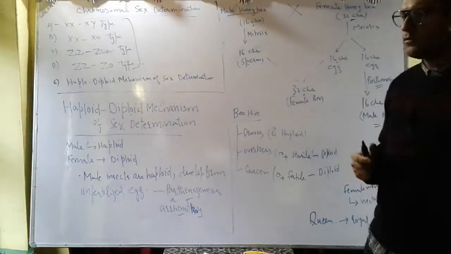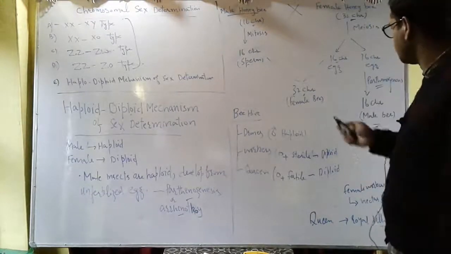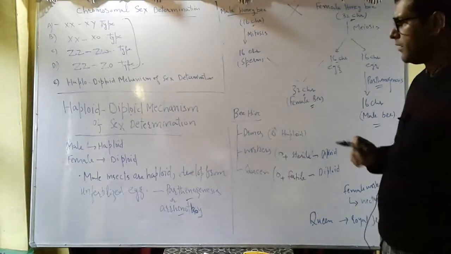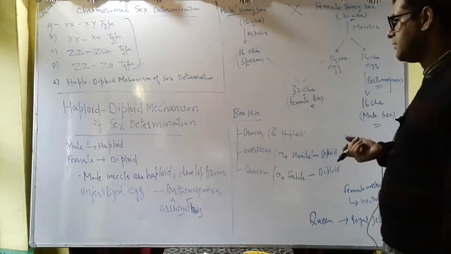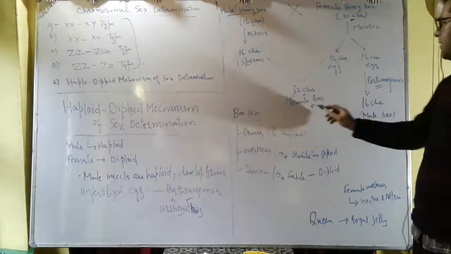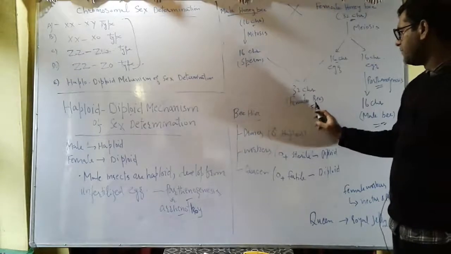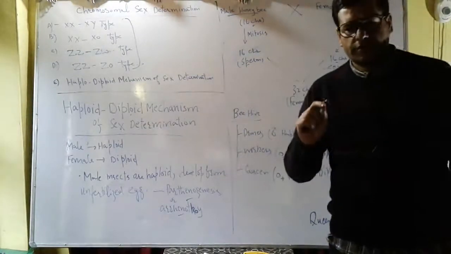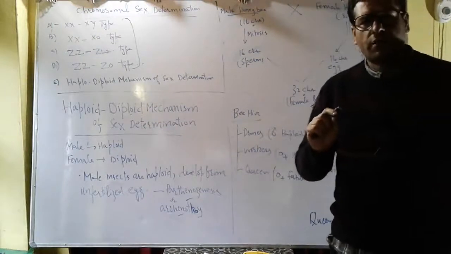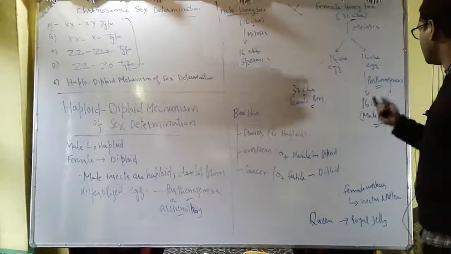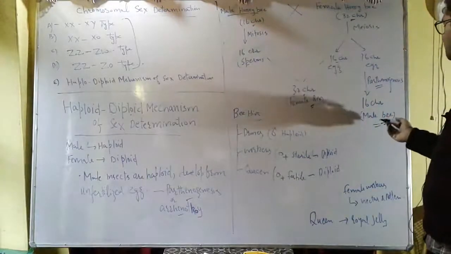The diploid zygote will give rise to the female bee. So this is how, in this haplodiploid mechanism of sex determination, males are haploid and females are diploid. The diploid larva will develop into the female, and the haploid unfertilized egg will develop into the male.